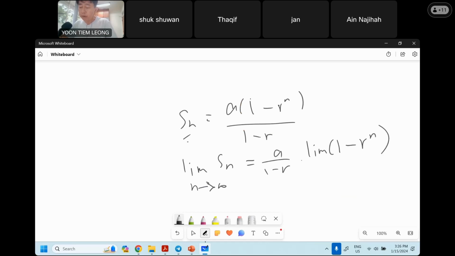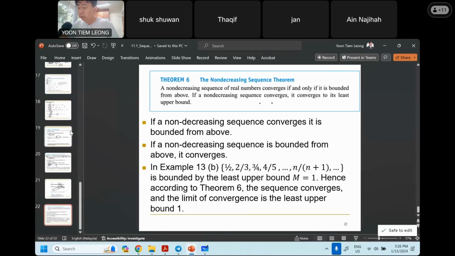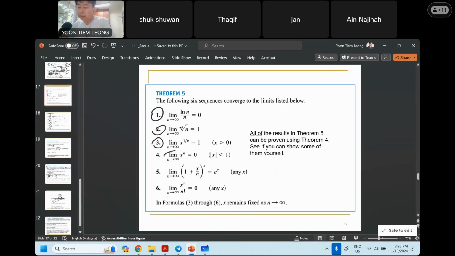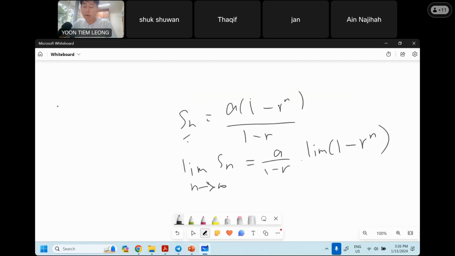And according to what we have discussed earlier on, item 4 in theorem 5 says the limit of x raised to the power n is 0 when n goes to infinity if the magnitude of x is less than 1. Therefore, we conclude that if the magnitude of r is less than 1, then r^n will go to 0.